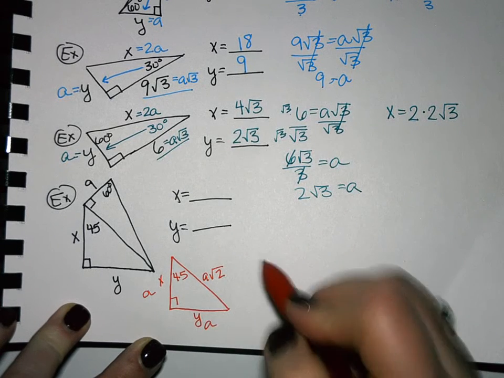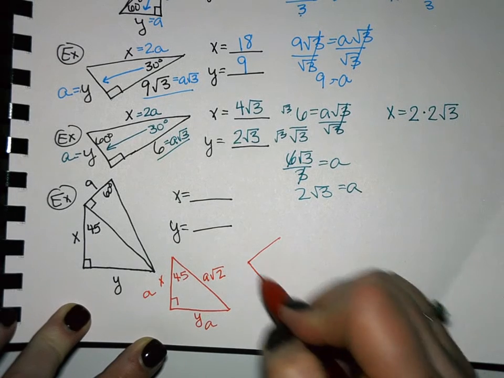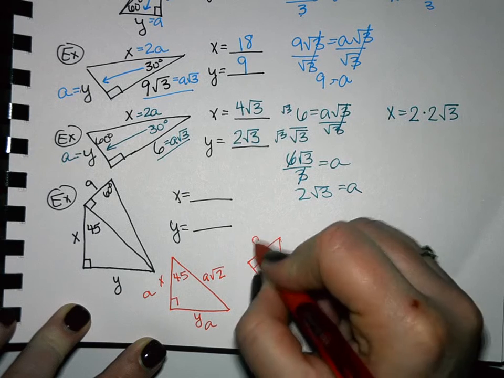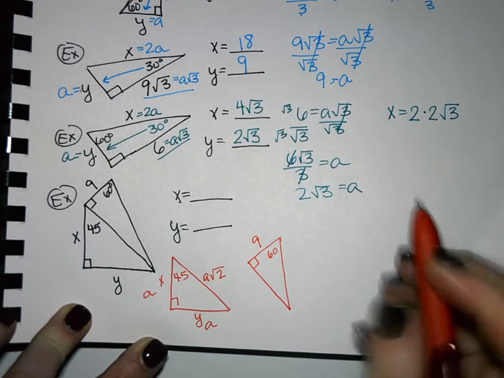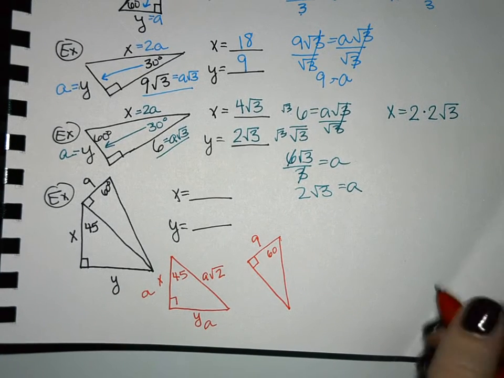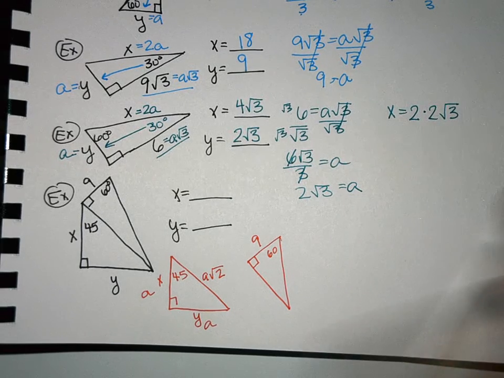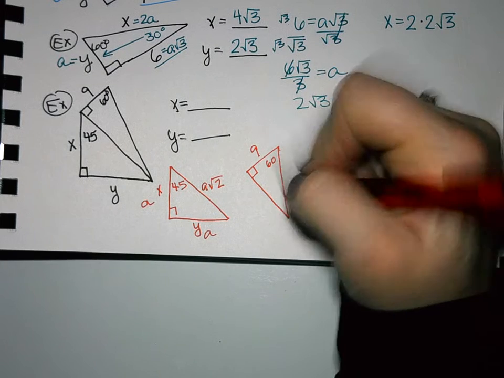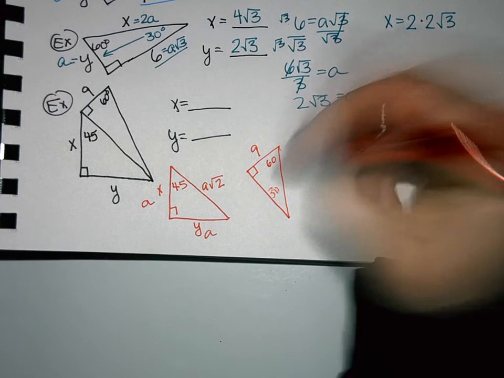But we also have this 30, 60, 90 over here, where we know one side. If we put the pattern on that triangle, our 30's over here, so we start across.